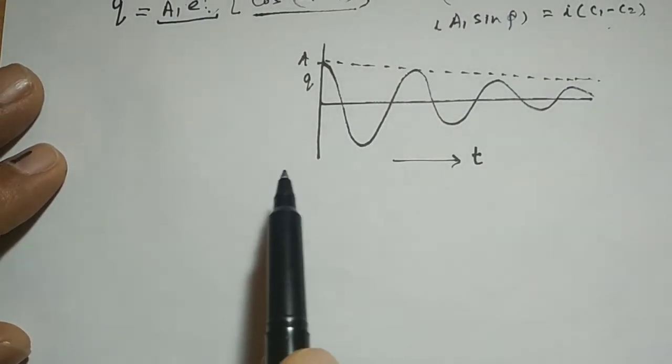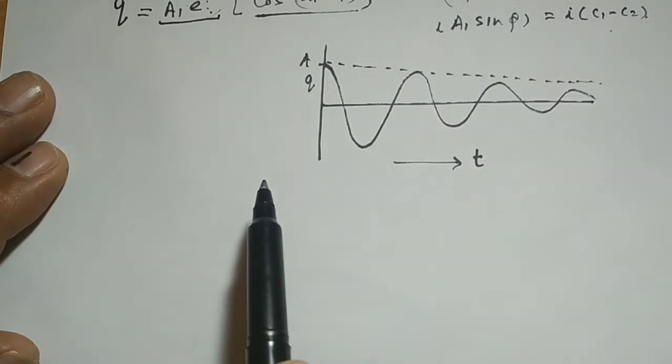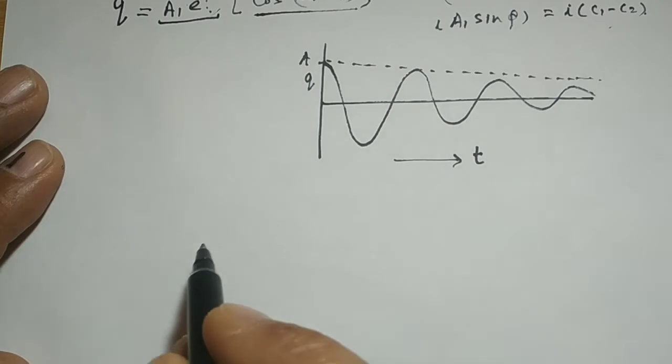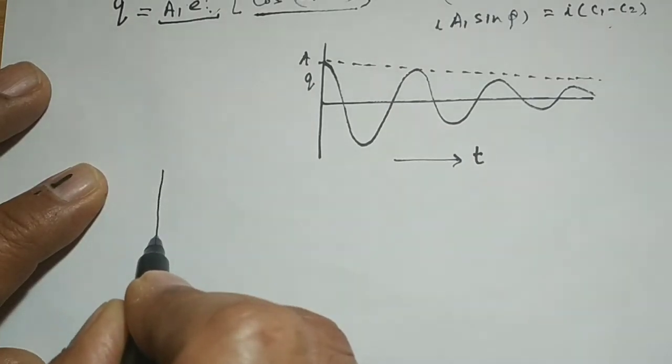So we have discussed all the three types of damping, and these three types can be shown in the same diagram.